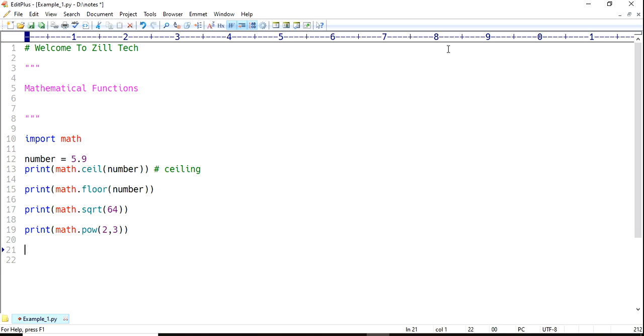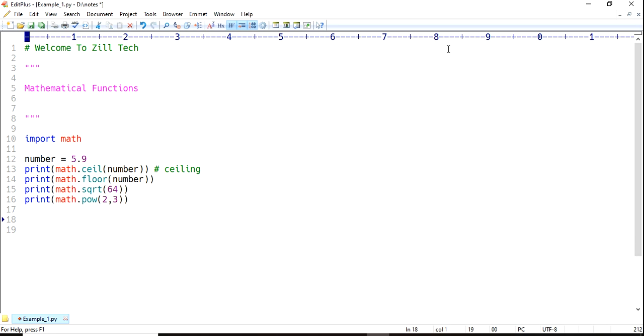Next, trigonometrical functions. This is all about our basics. Now I am going with the trigonometrical functions.